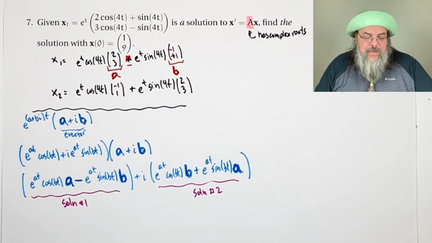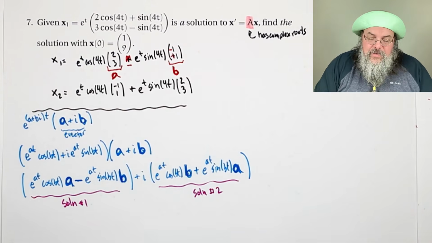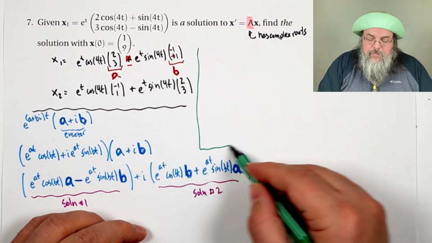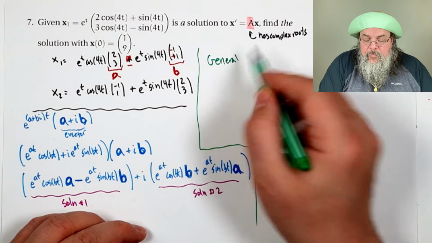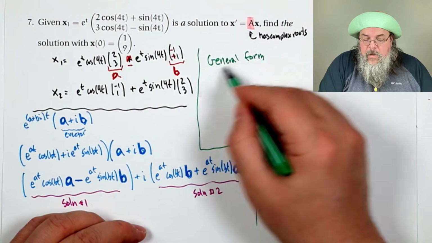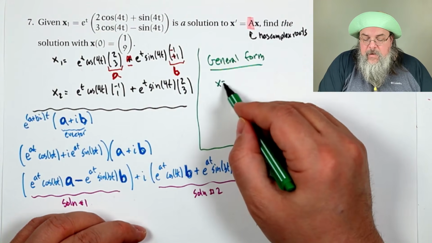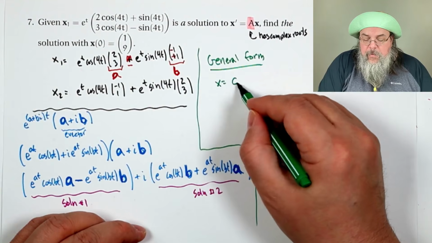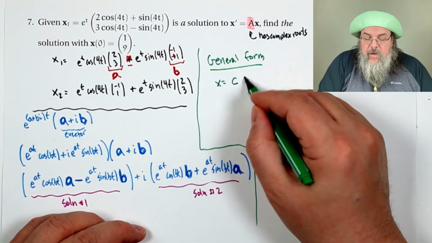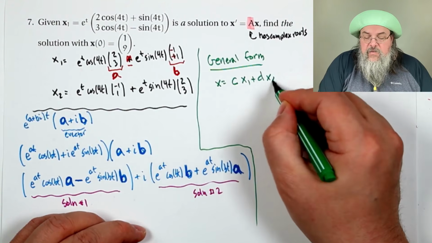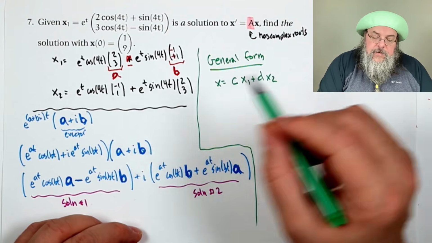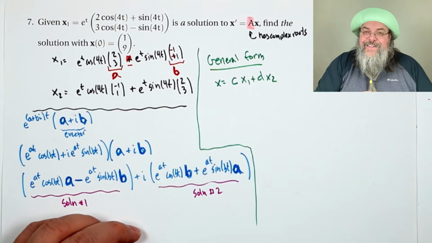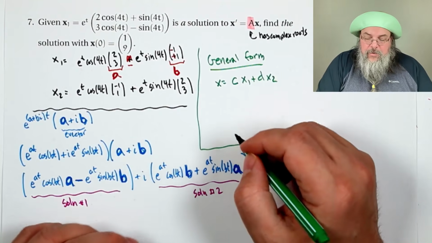Well, that says that in general, if we want all solutions, so the general form, we're going to say x is some multiple, c x1 plus d x2. Now, we are after a very specific solution. So let's go ahead and work through that.